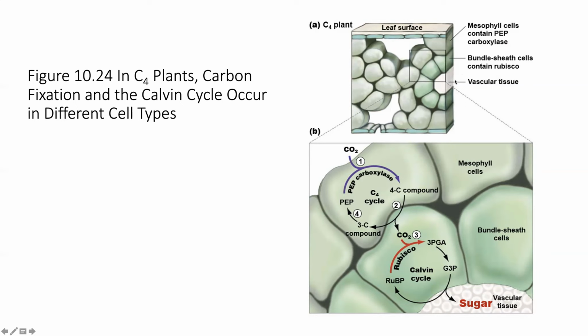All right, so if we look here as a close-up image, you see the carbon dioxide coming in. We're able to have that reaction with PEP carboxylase, making our 4-carbon compound that can then enter here into our bundle sheath cell. During this process, another enzyme is used to basically separate the carbon dioxide from the carbon molecule that it had bound to.